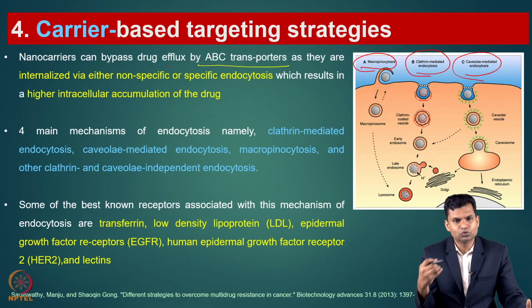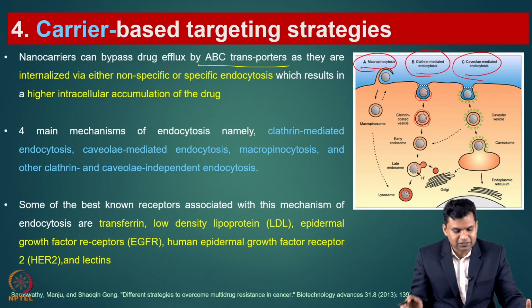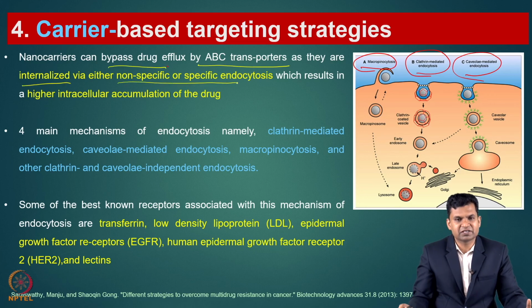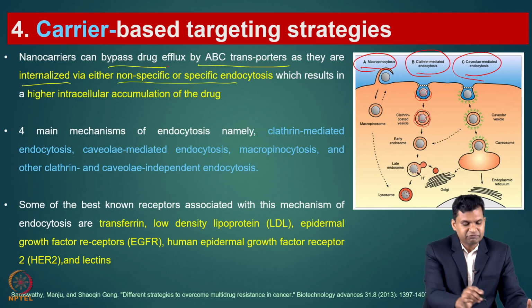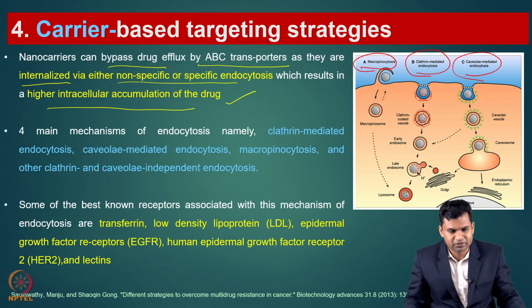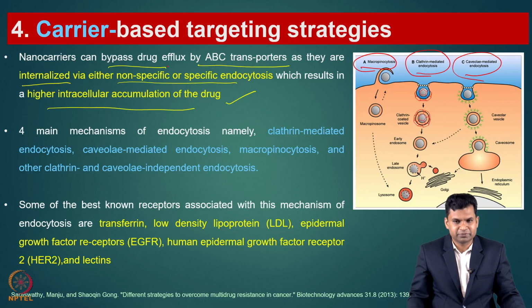But when you use carriers, they will bypass all types of drug efflux systems. With internalization by either non-specific or specific endocytosis, it will help in higher intracellular accumulation of the drugs, whatever type of disease there is, by using carrier based strategies.